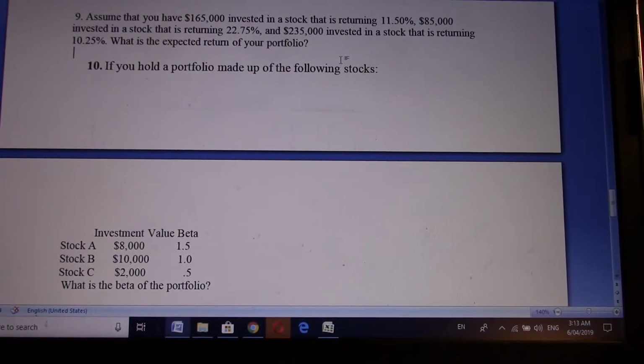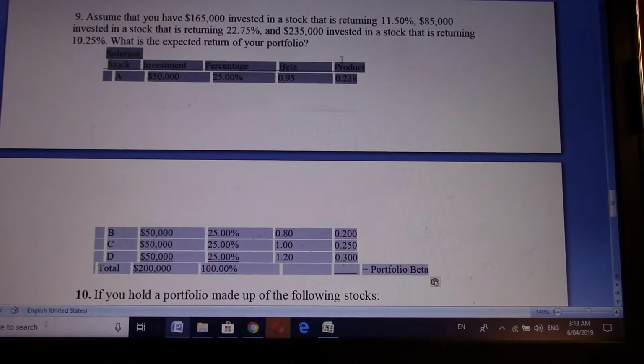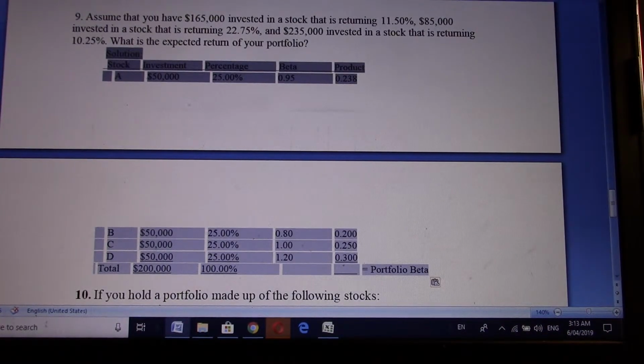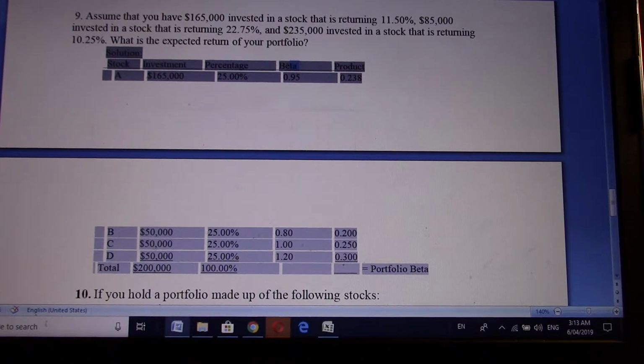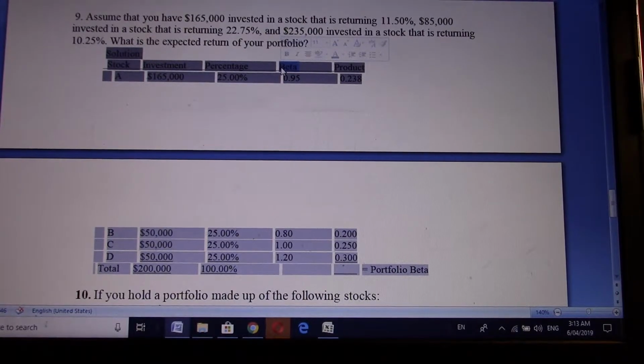Now question number 9. The question number 9 again is similar to the questions we did before. But you see, you can do the calculation. 165,000, but don't use its weighted average, because you have 3 stocks.